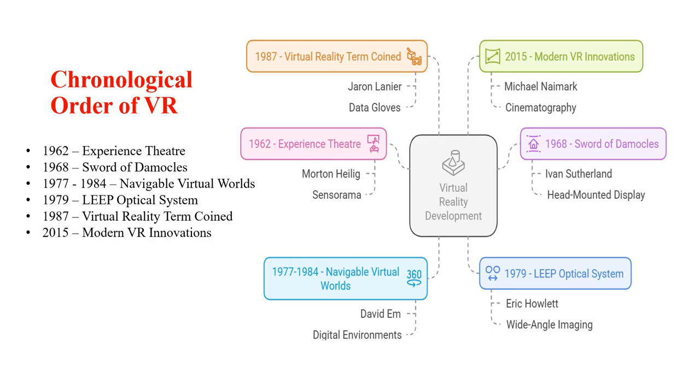It was called the experience theater. Then in 1968, Ivan Sutherland created the first head mounted display, that is the HMD, known as the Sword of Damocles, laying the foundation for modern VR headsets.